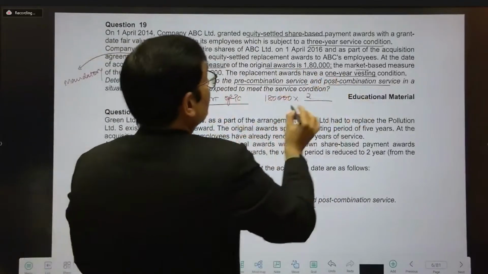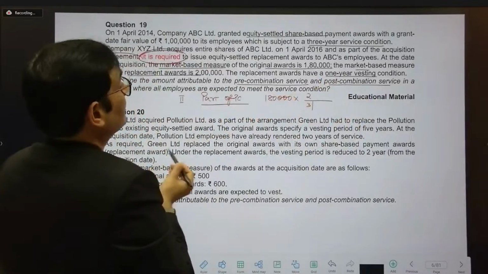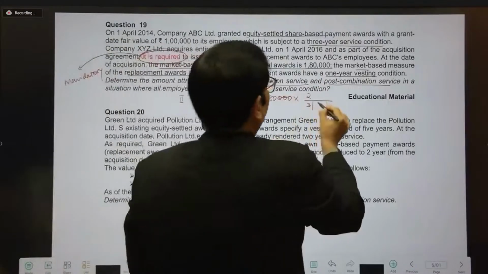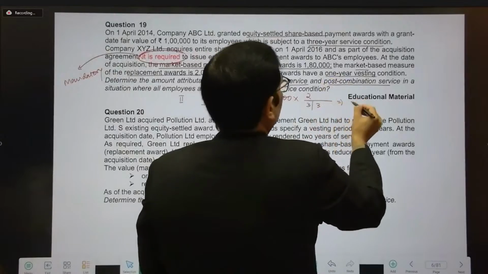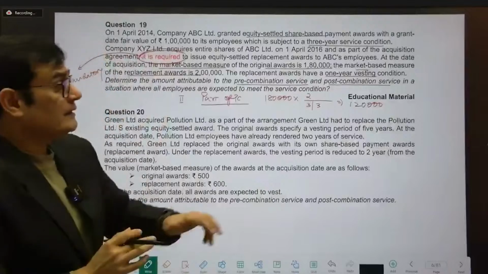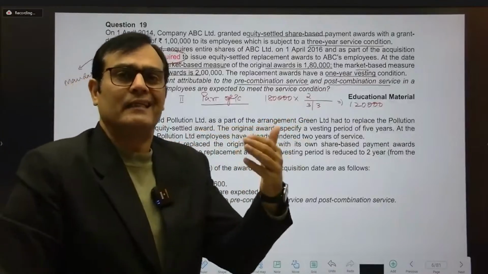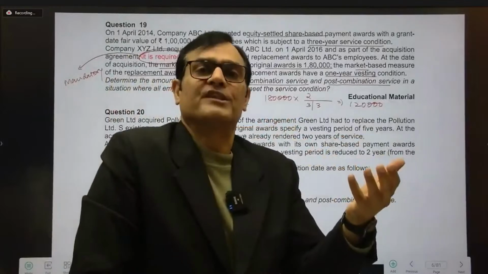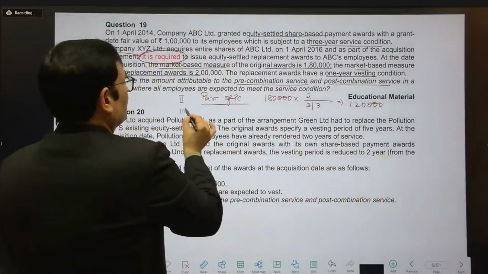What is the original vesting period? 3. And what is the total vesting period? Well, another 1 year. So 2 plus 1, 3 remains the same. So we can say 2/3 would mean 1,20,000. In this case, there was no change in the vesting period. The original was 3, and even the total 2 plus 1 still remains 3. So 2/3 is taken.